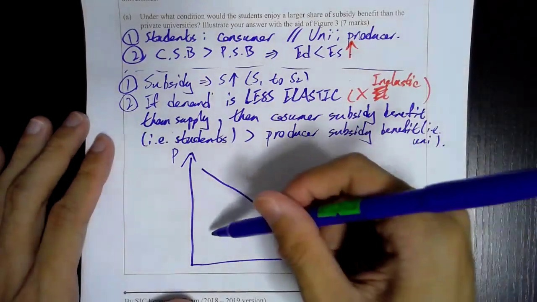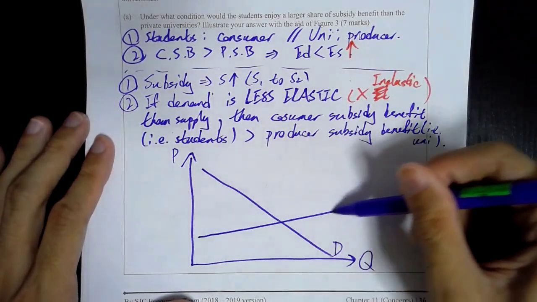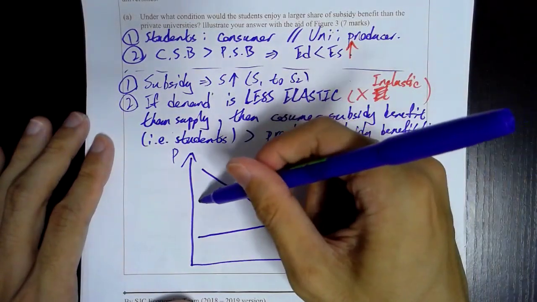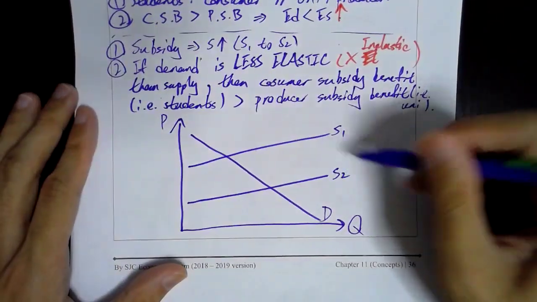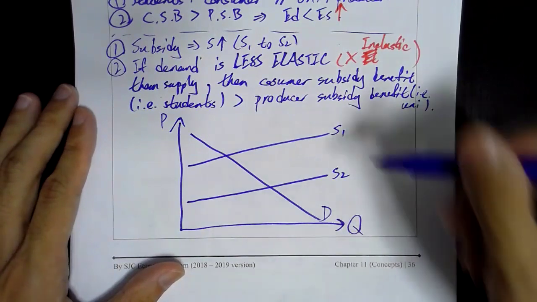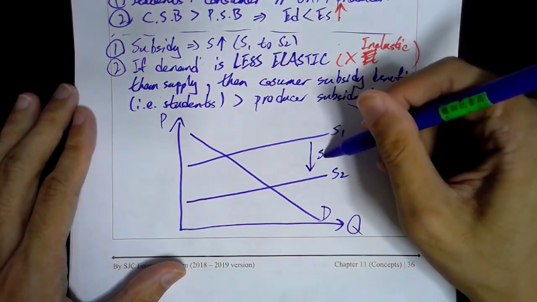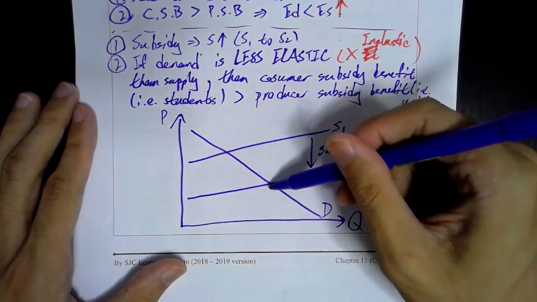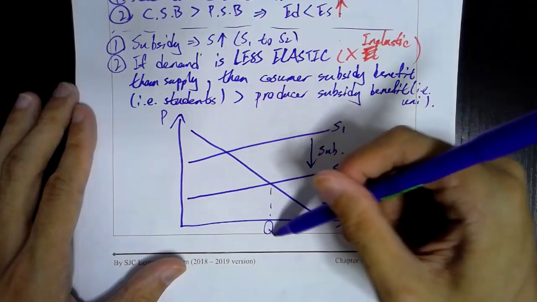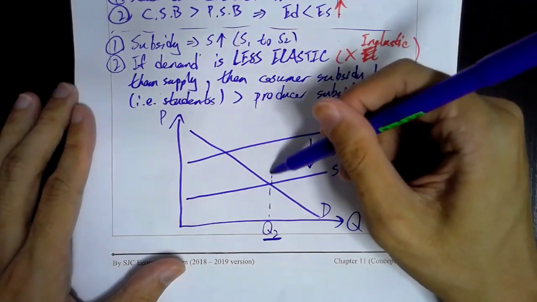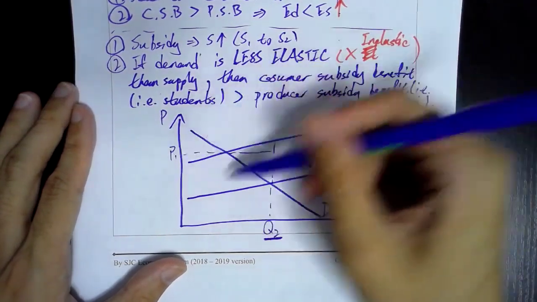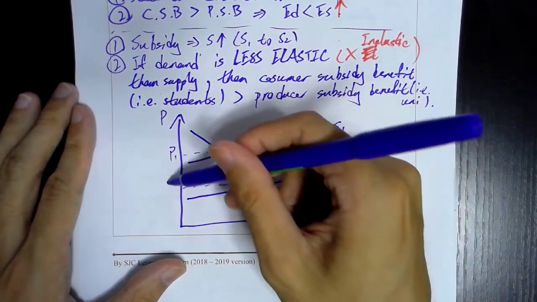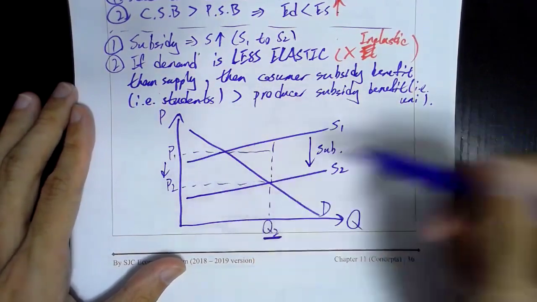We just draw this one. Oops, it is upside down. More horizontal supply, more elastic. So this is a subsidy. Remember, Q2 is the important quantity. We go all the way here, and then we have our P1, and also we have our P2. You see, it drops.